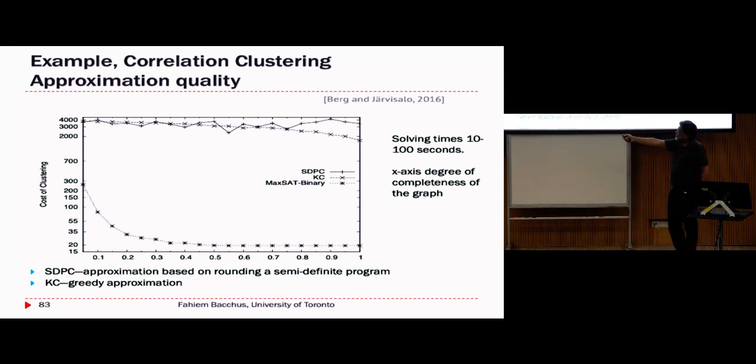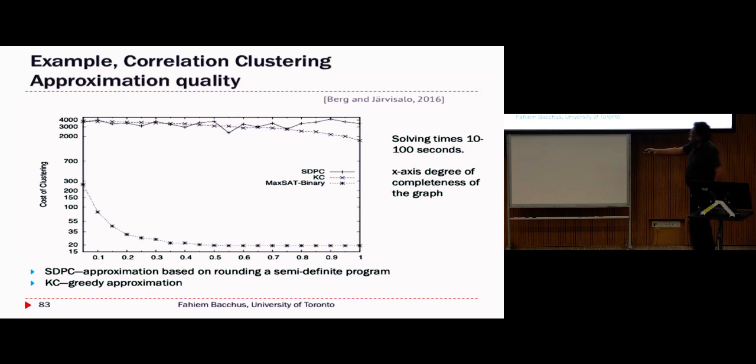If you, on the other hand, solve these exactly with MaxSAT, you get this kind of cost curve. So there's quite a gap. Now, this, of course, is taking much more time, and it doesn't scale as well, right? But you're getting much better clustering, a significant difference in cost of the clustering over the approximation algorithms.